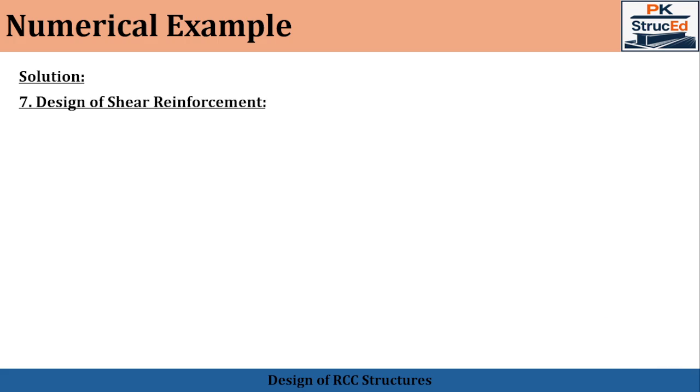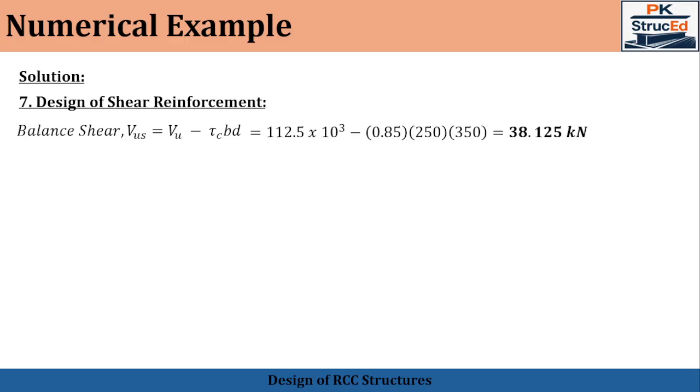Now moving on with the design of shear reinforcement, we need to calculate the balance shear. That is the total shear acting on the beam minus the shear taken by the concrete, that is tau C BD. Substituting the values, we are getting the balance shear as 38.125 kilonewton, for which only we need to design the stirrups.